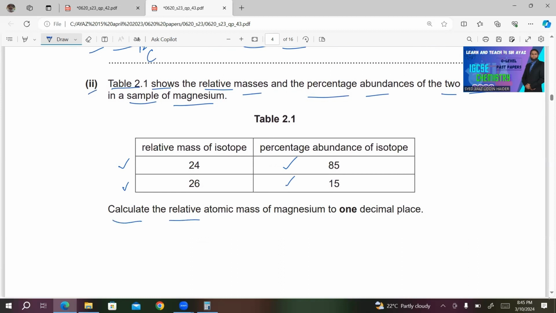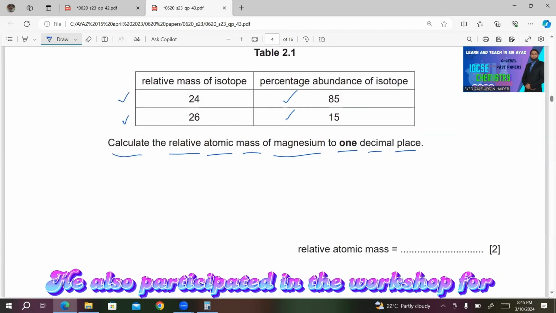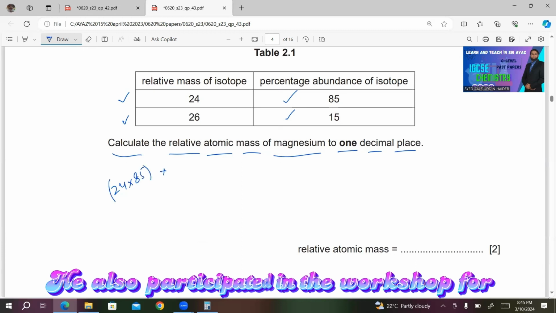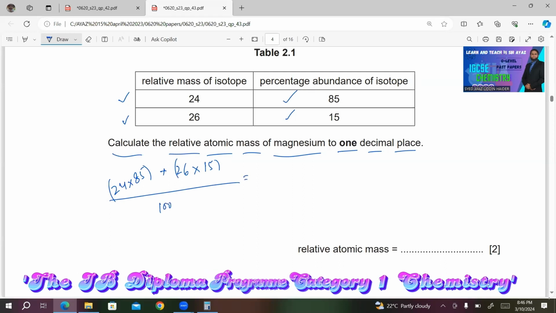Calculate the relative atomic mass of magnesium to 1 decimal place. So what we will do, we will multiply 24 by the percentage abundance, that is 85, plus 26 multiplied by its percentage abundance, which is 15 here, and this will be divided by 100.